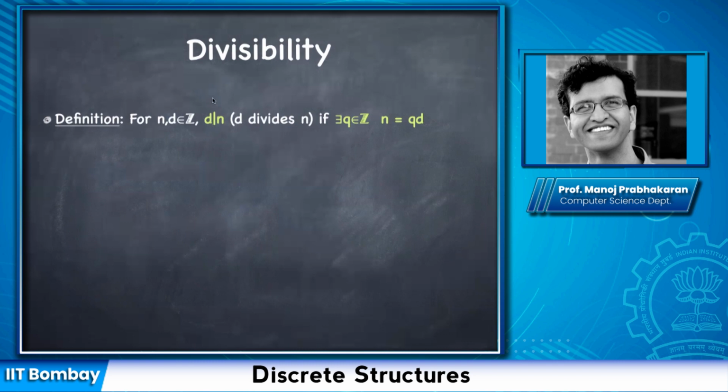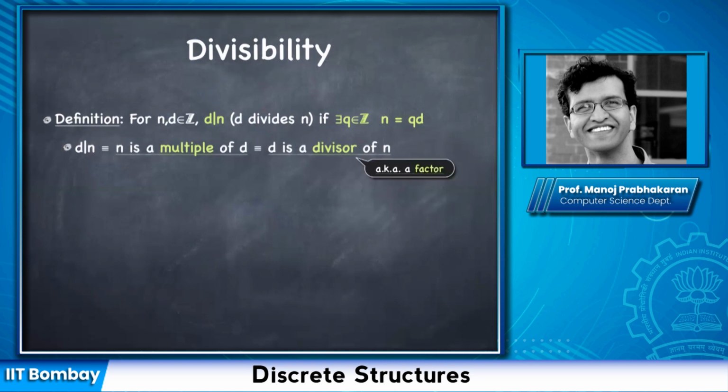That's a notation using a bar in the middle. d divides n if there exists some integer q such that n can be written as a product q times d. This would also be referred to as n is a multiple of d, or that d is a divisor of n or a factor of n. All of these refer to the same fact: there is some integer q such that n is equal to q times d.